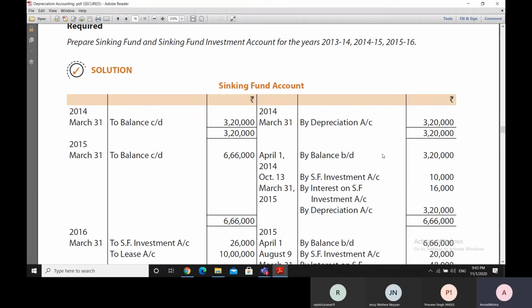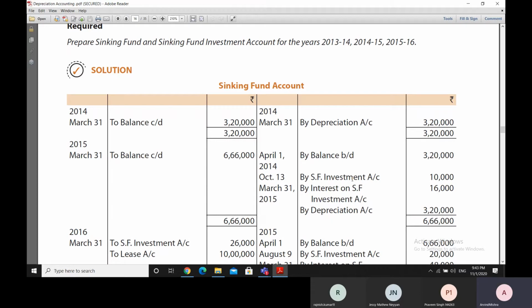Thereafter, we are making a profit on October 13 of 10,000 rupees, and that 10,000 rupees is also being invested, and therefore the entry here is the credit to the sinking fund account and debit of the sinking fund investment account of 10,000 rupees.